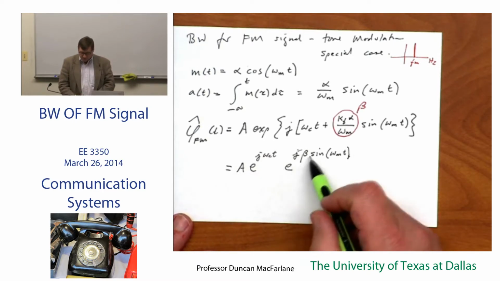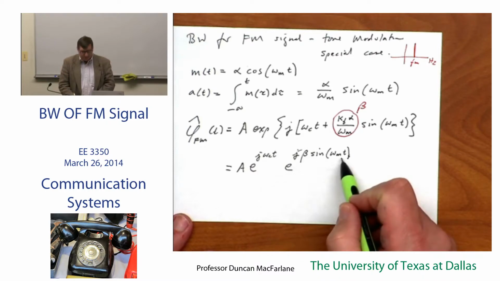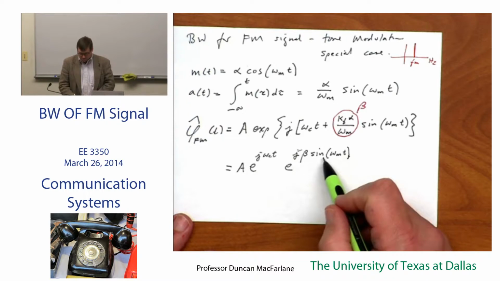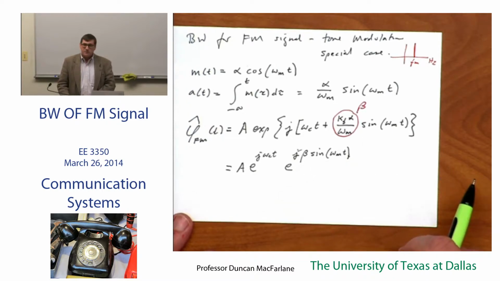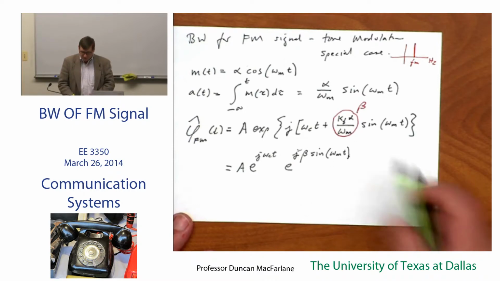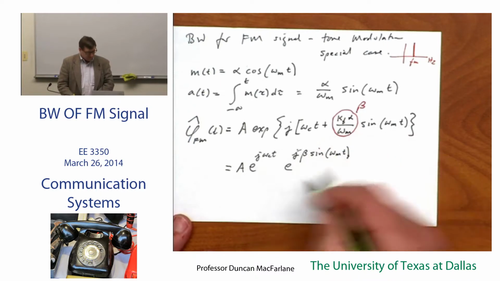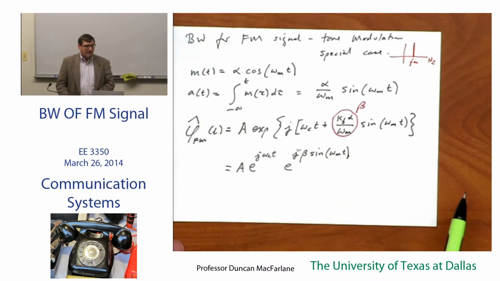Here's a cosine of beta sine omega mt plus j sine of beta sine omega mt. Okay? Do you remember the extra credit problem on the exam? I had a cosine of a cosine. So this is where that comes from. This is a cosine of a cosine, and it gives you conniptions.